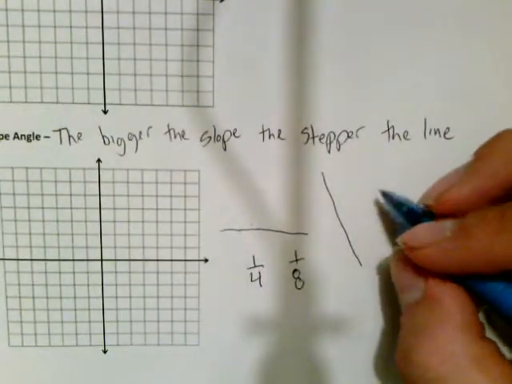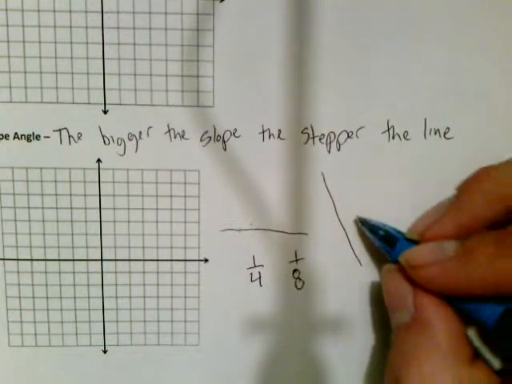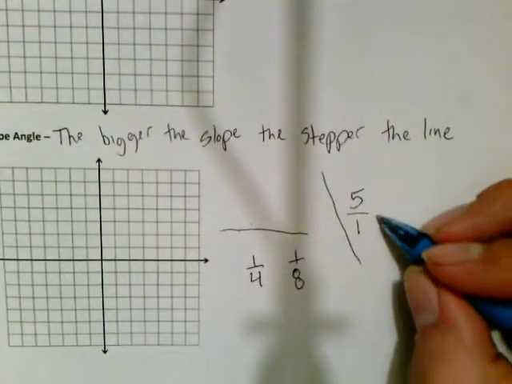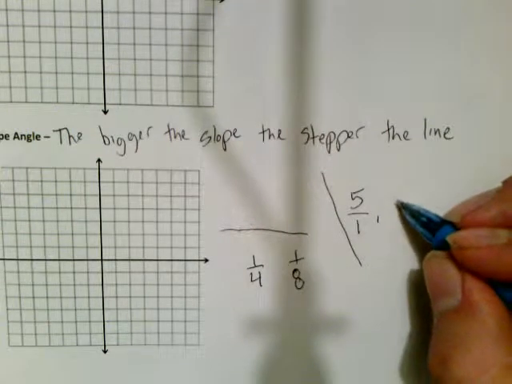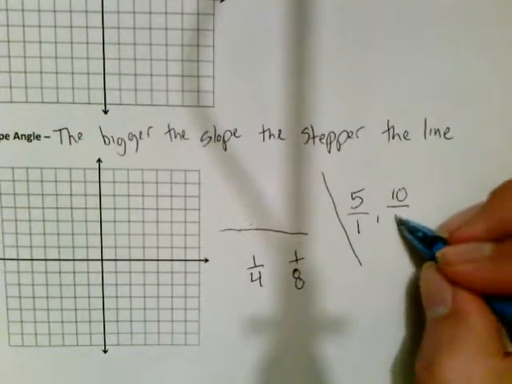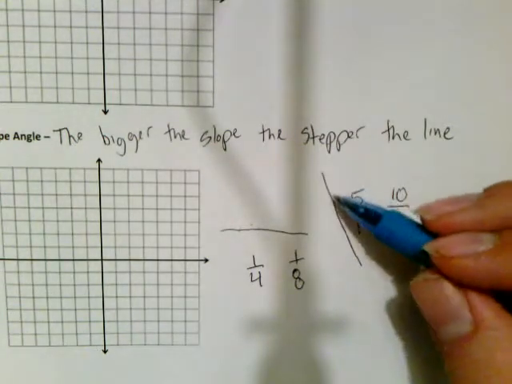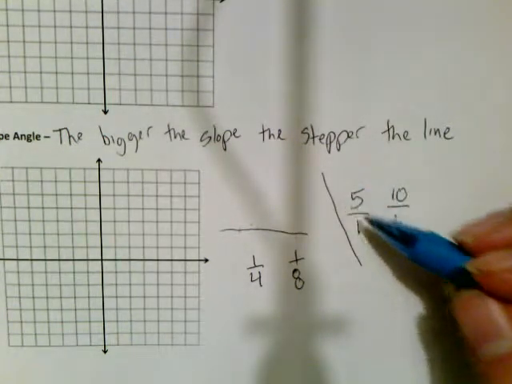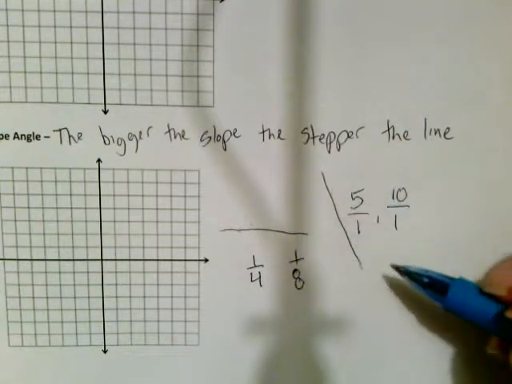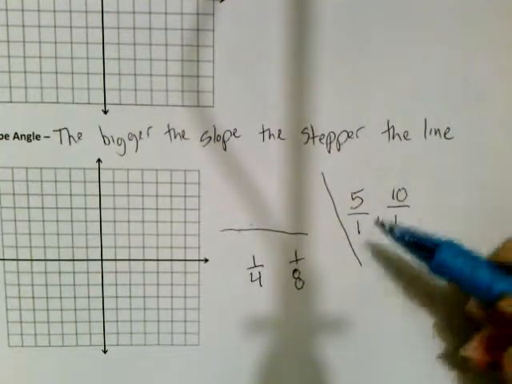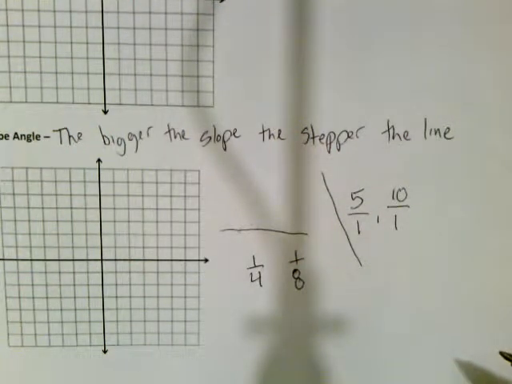But when you think of things like 5 over 1, 10 over 1, stuff like this makes a steep slope. The closer you get to undefined, meaning the straight up and down vertical lines, the more steep the object will be.